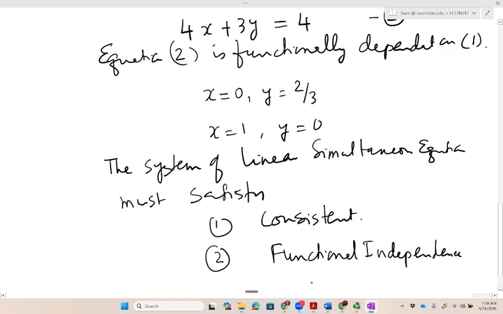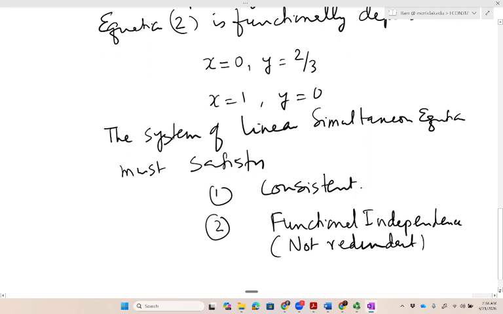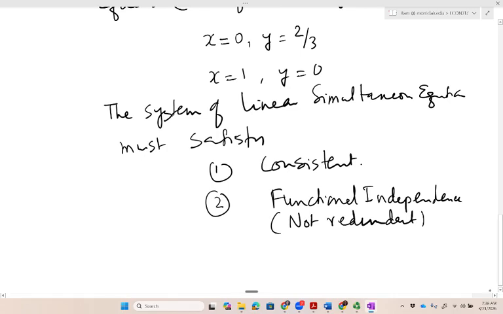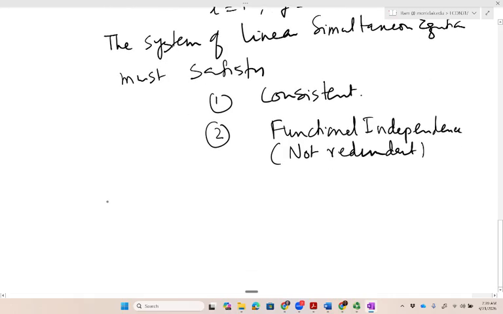We will also call it not redundant. It should not be the case that one of the equations can be obtained from the second equation by multiplying a common factor.